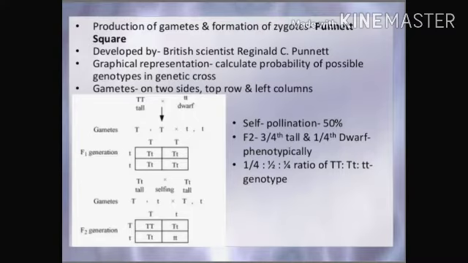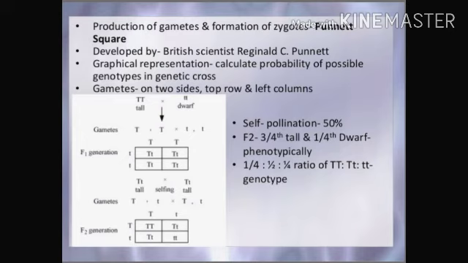Now, the production of gametes and formation of the zygotes can be shown by the Punnett square. The Punnett square was developed by the British scientist R.C. Punnett. It is a graphical representation calculating the probability of possible genotypes in a genetic cross, and the gametes are present on the two sides, top row and left column.